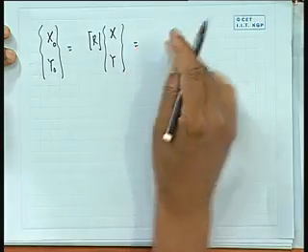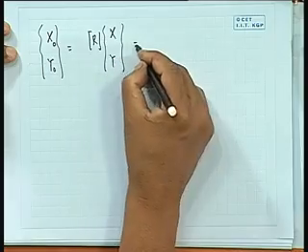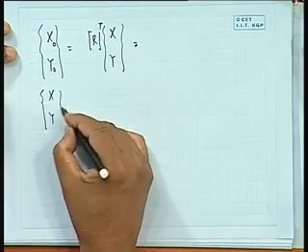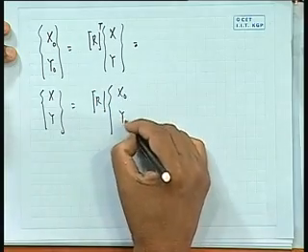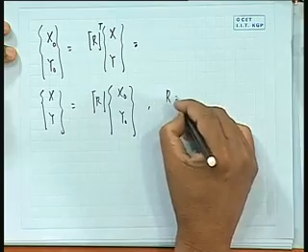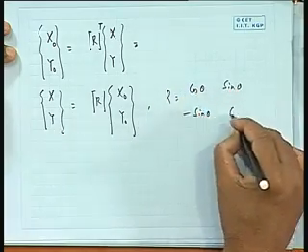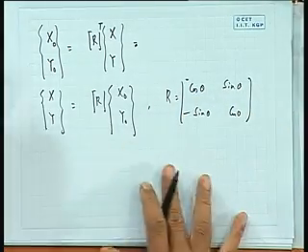This R, according to our definition, is the matrix cos theta, sin theta; minus sin theta, cos theta, something like that. These are all standard. Now that is very simple. I can always go back to this equation, and instead of x0, y0, I can write them in terms of x, y.